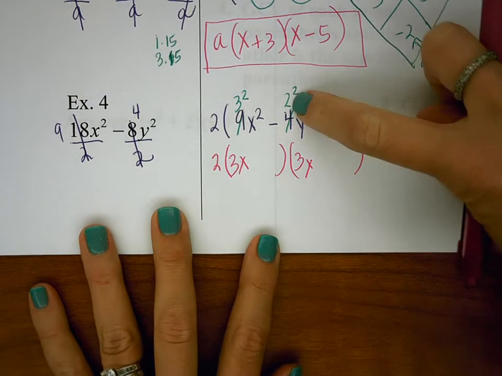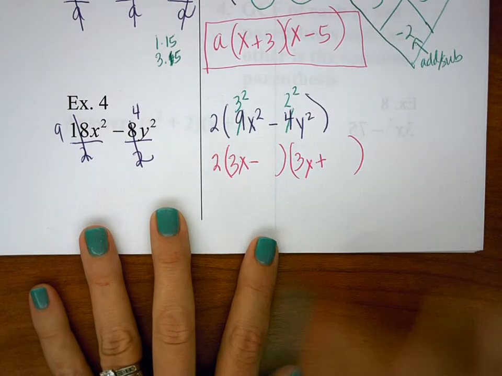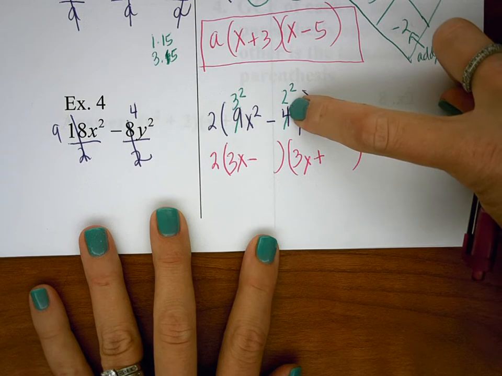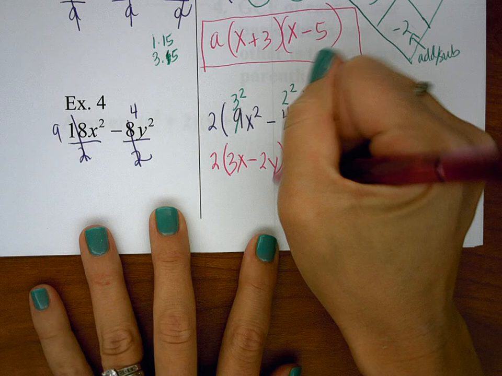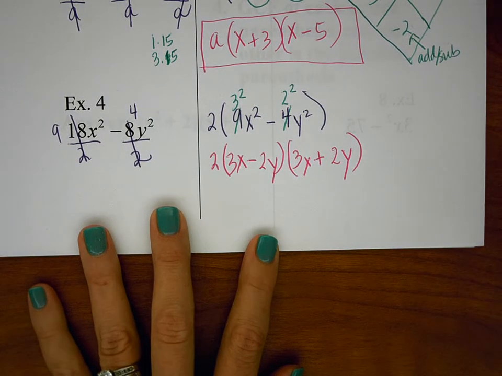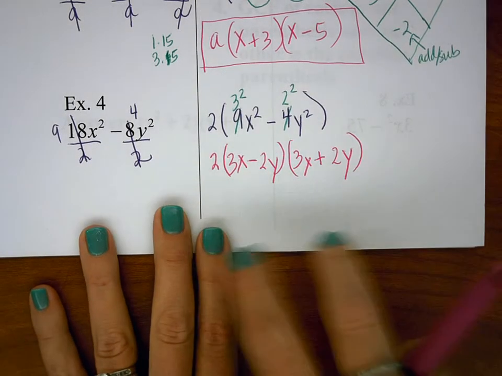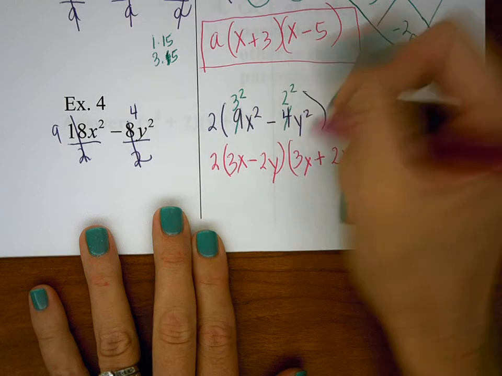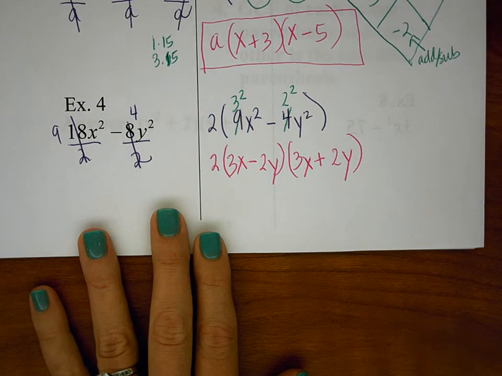One of them's going to have a minus, one of them's going to have a plus, and then what will be next? 3x plus 2y. You're pulling apart the 2's and the y's. Okay? So whatever is squared, you are separating each of them and putting them basically in the same spots in the 2 different parentheses. Are there any questions on example 4?